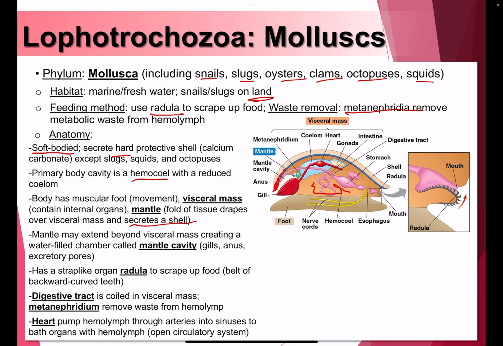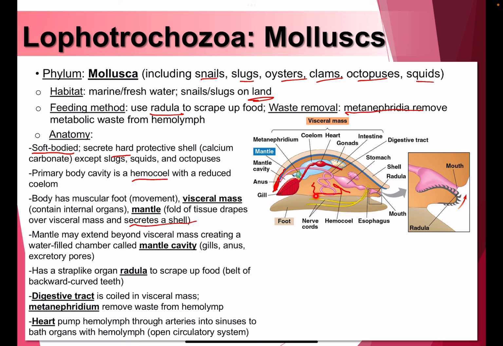Remember, this is a general anatomy structure of mollusk, not a particular species. They may look different from each other, as we can tell. This looks nothing like an octopus, but it's just saying these are general features that mollusks should have.